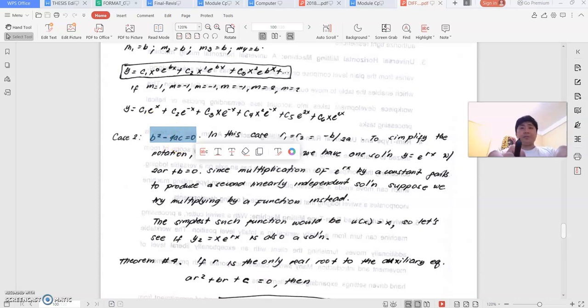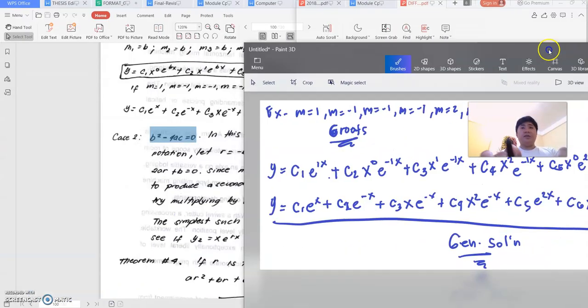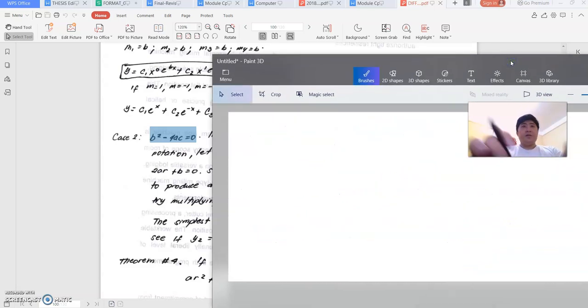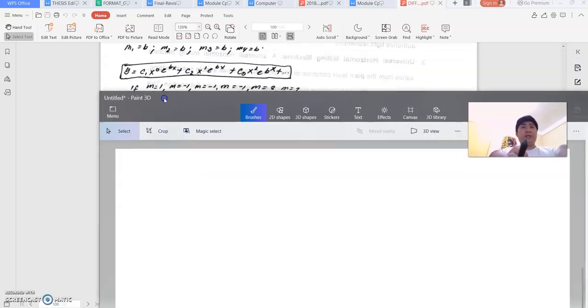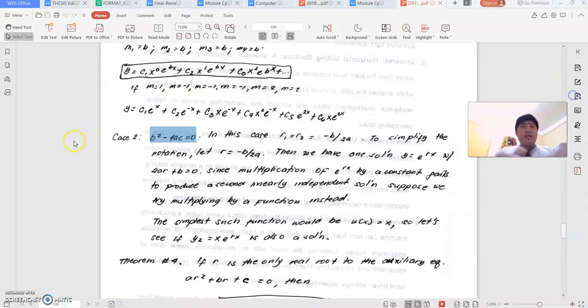If the given equation, a differential equation, can be formed so that it equals 0 with the coefficients a, b, and c, then that is a repeated root, right?